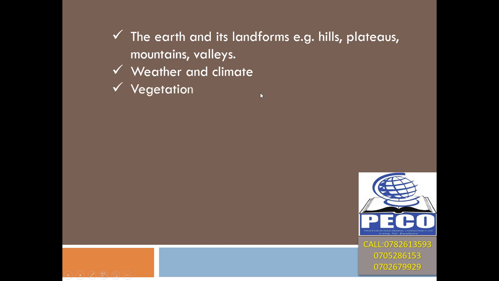Then we study vegetation. And I've told you vegetation constitutes what we call the biosphere, the part of the physical environment called the biosphere. Then the drainage, those are water bodies constituting the hydrosphere. We look at the soils, the lithosphere. Then we have rocks, part of the lithosphere, and others.